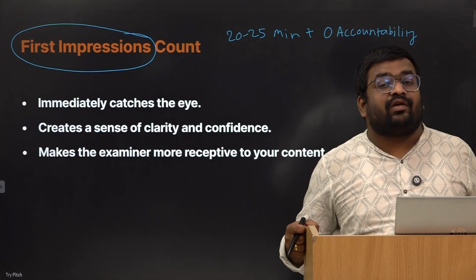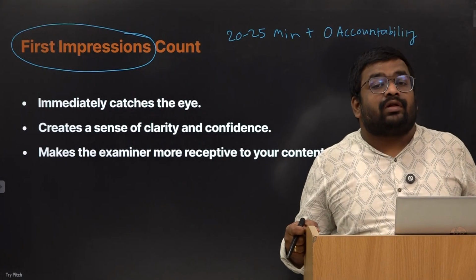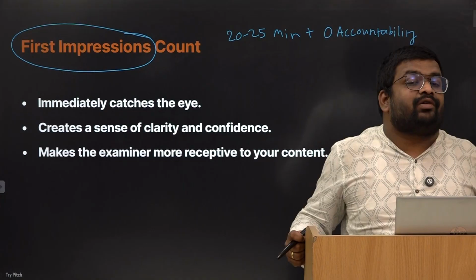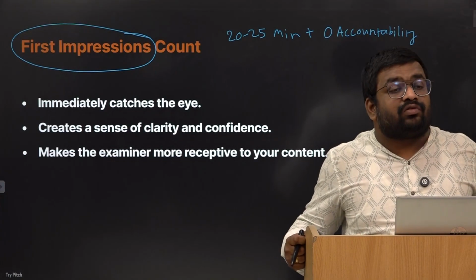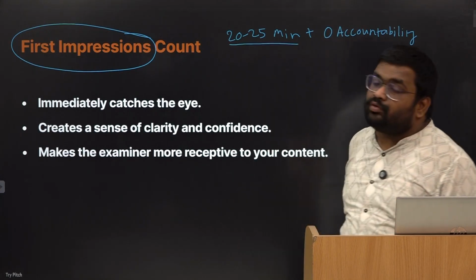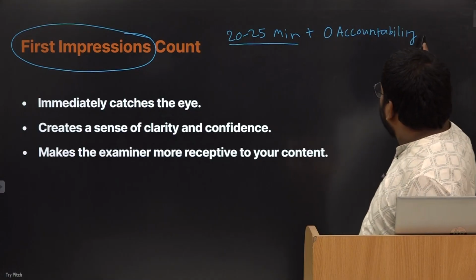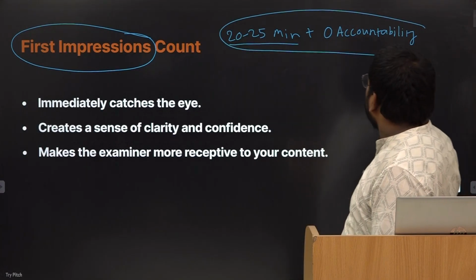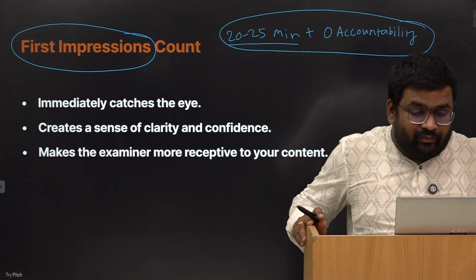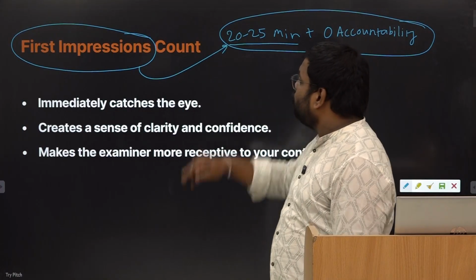Because of the sheer number of copies that they have to evaluate, and because of time management issues, each and every copy will be evaluated in 20 to 25 minutes at max. Because of that, it is your responsibility to make the job of the evaluator easier in order to get good marks. That's why the first impression is the most important one.